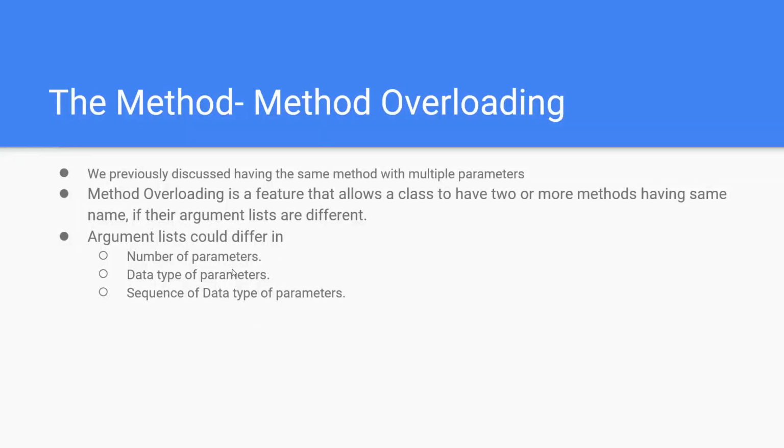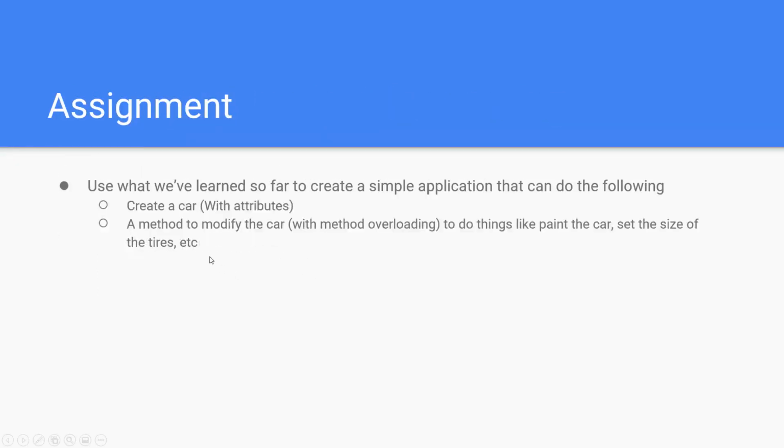With our assignment here, we are going to create a simple application that can do the following. Create a car object or a car class with attributes. So we have to think, what are the attributes and methods for a car? And we want to modify the car with method overloading to do things like paint the car, set the size and tires and so on.